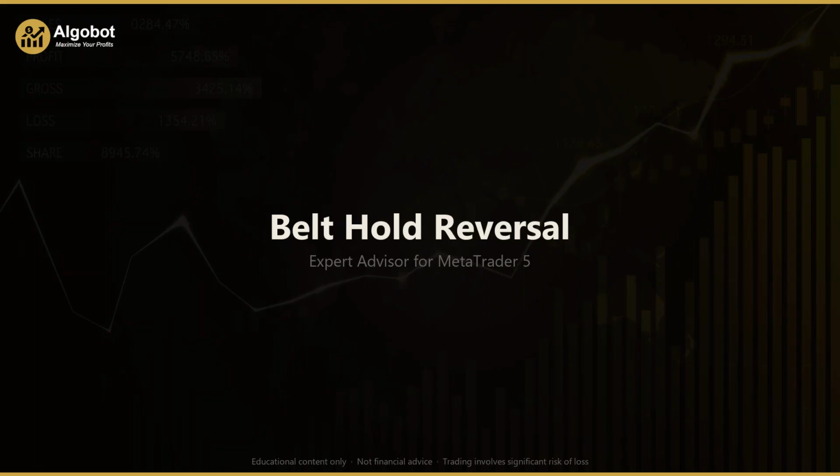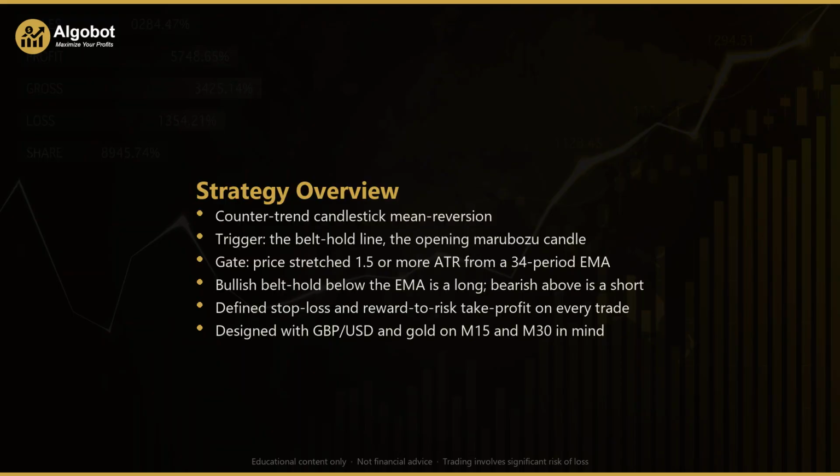Let's get started. So what exactly does belt hold reversal do? At its heart, this is a counter-trend candlestick strategy. It looks for moments when price has stretched a long way from what it treats as fair value, and then it waits for a single, decisive candle that suggests the stretch may be exhausting. That candle is the belt hold line, sometimes called the opening marubozu.